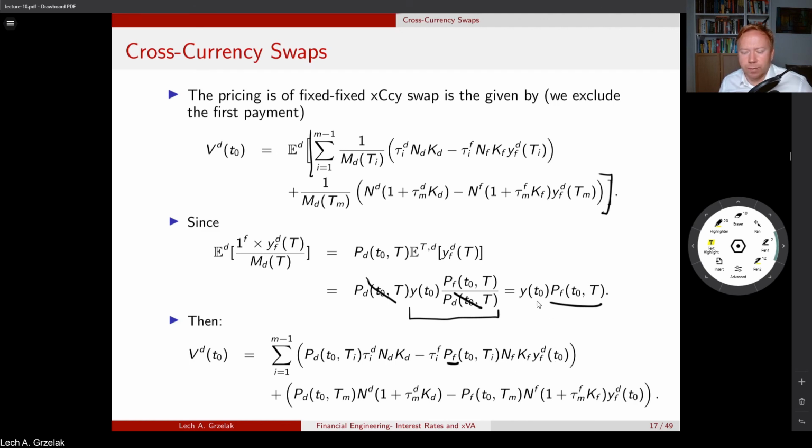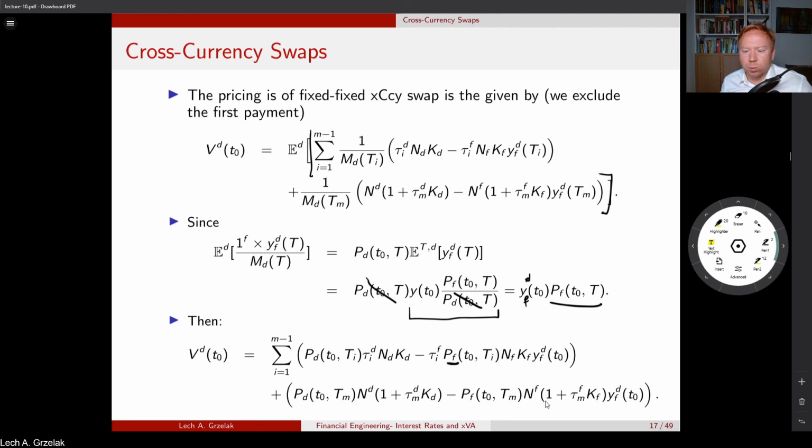And here we have this exchange rate. So here, should maybe put F and D here. This will be easy to get here. So keep in mind that those two zero coupon bonds, they're different. So this one is in domestic currency, this one is in foreign currency. So of course, after the substitution and you collect all the terms, this is the final result we obtain.